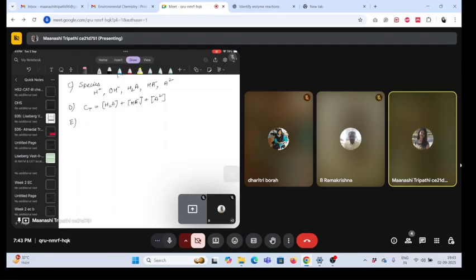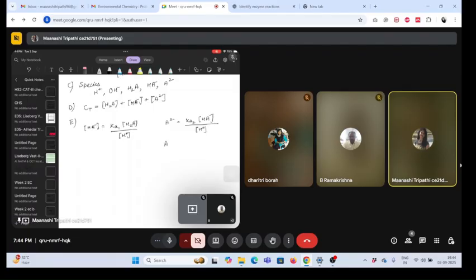So from the equilibrium constant equation, HA negative is Ka1 H2A by H plus, and A2 negative, we have Ka2 HA negative by H plus.